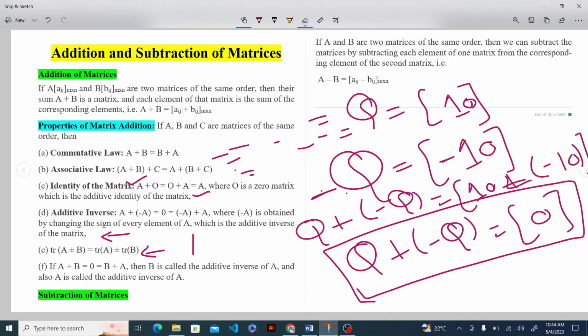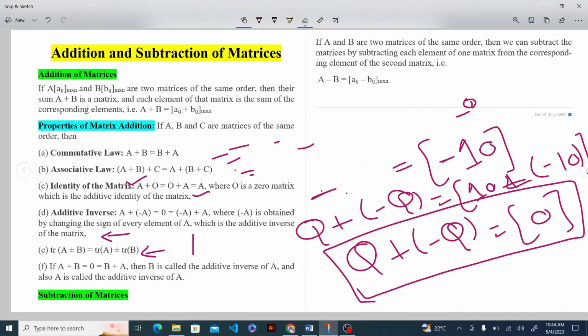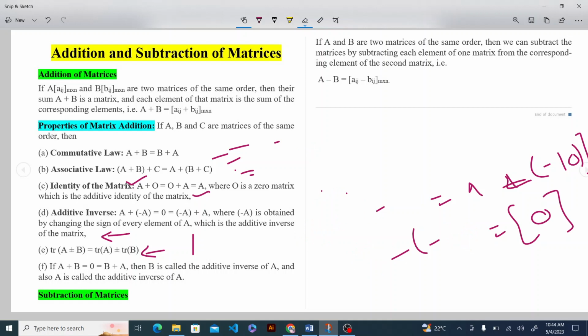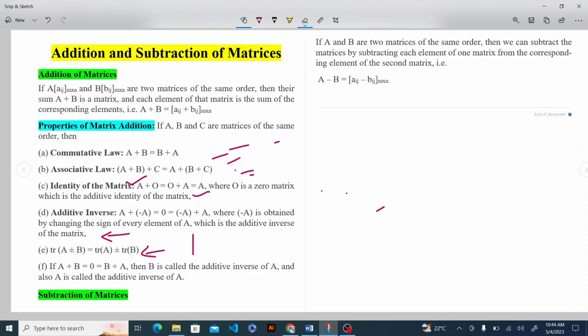It doesn't matter if you take the transpose before adding the matrices or after getting the result by addition. Let me give you an example so that you can understand in a better way.